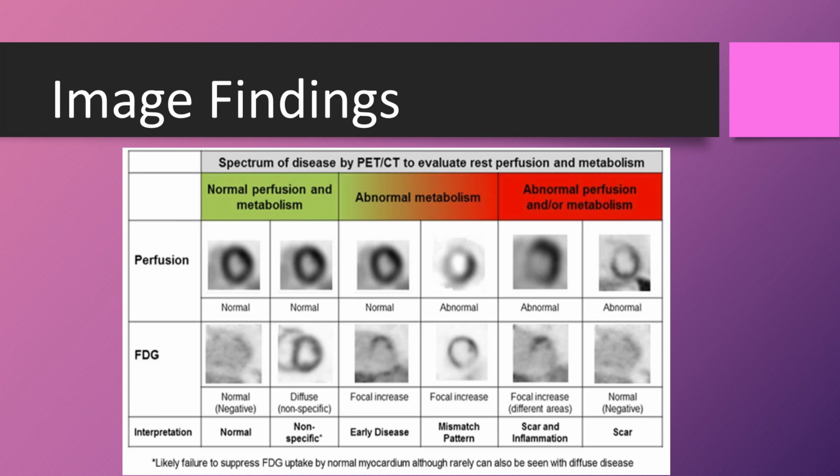So there is some disease there and there is some viability of that tissue. If there's abnormal perfusion and or abnormal metabolism, this typically means that it's scar or inflammation and that it's not reversible. It's not going to benefit from revascularization.